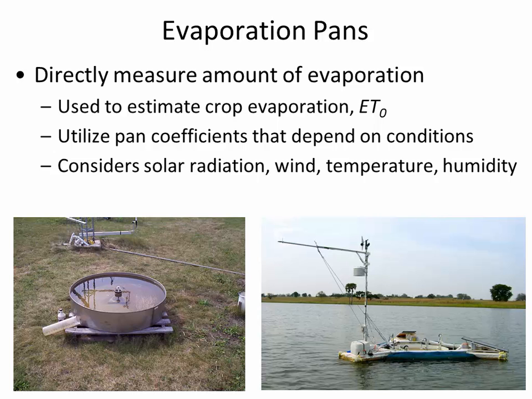All right. So evaporation pans are a way to physically extrapolate how much evapotranspiration there is in a watershed by using a physical model.